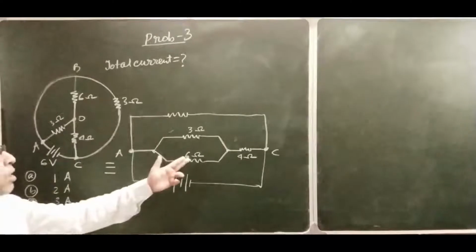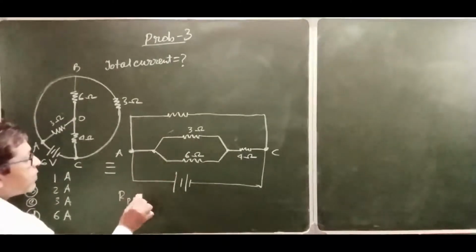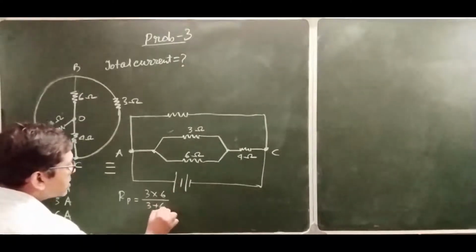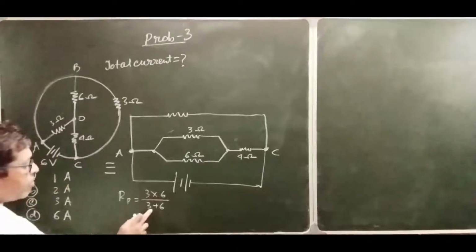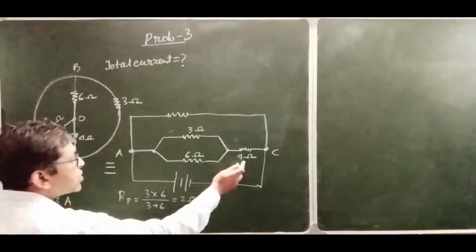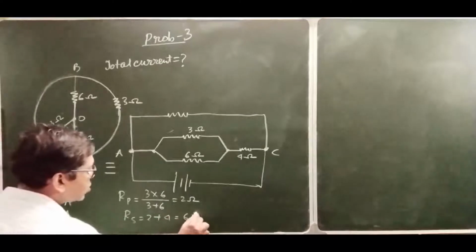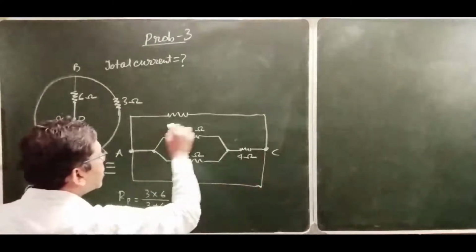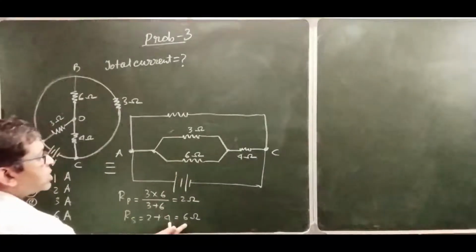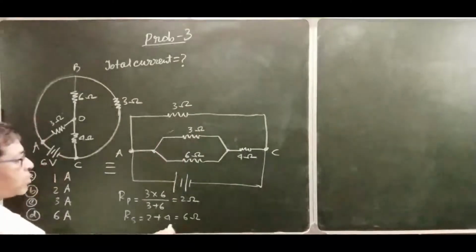Now first you have to calculate these two resistances. The equivalent of these two is very simple, product of the resistances by sum of the resistances. That means 18 by 9, that is 2 ohm. With 2, this 4 is in series, that means the equivalent resistance is 6 ohm. So this part yields 6 ohm resistance. This 6 ohm resistance and this 3 ohm resistance are in parallel.